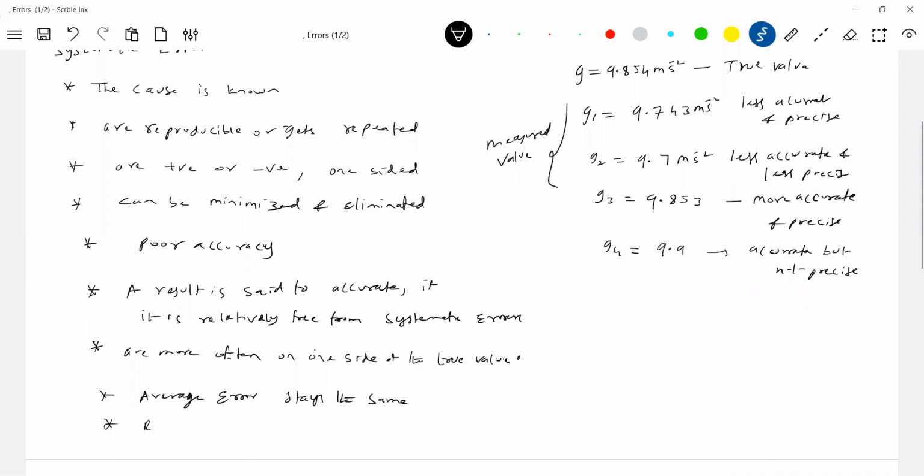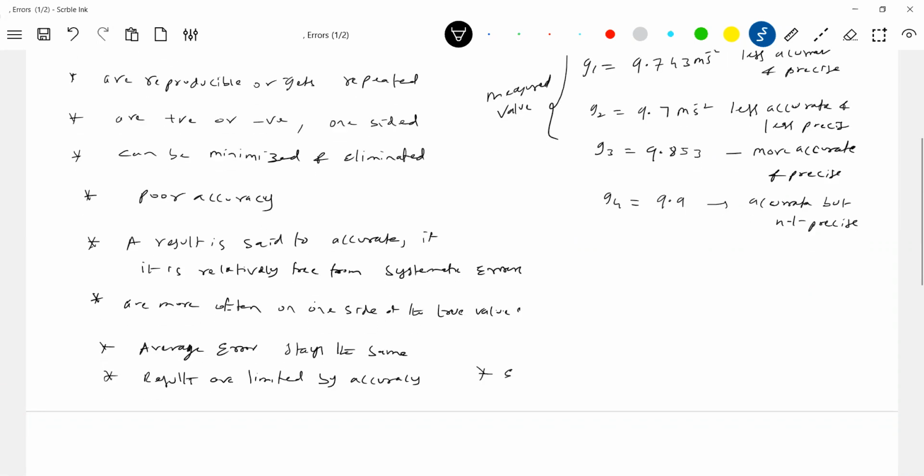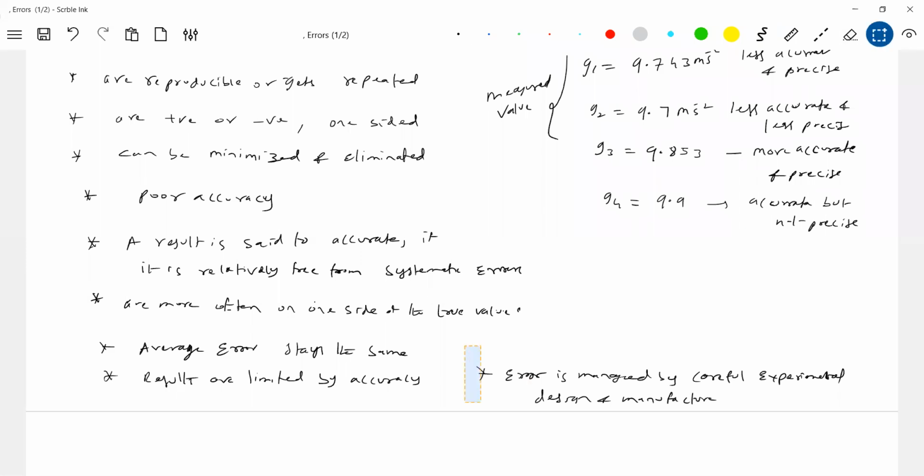Results are limited by accuracy. The systematic error is managed by careful experimental design and manufacture.